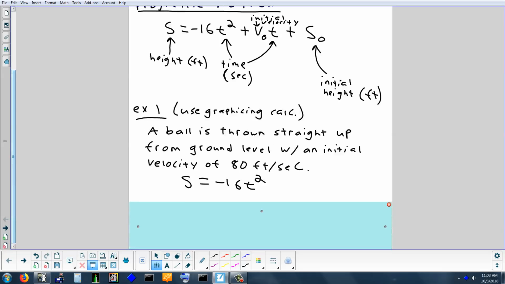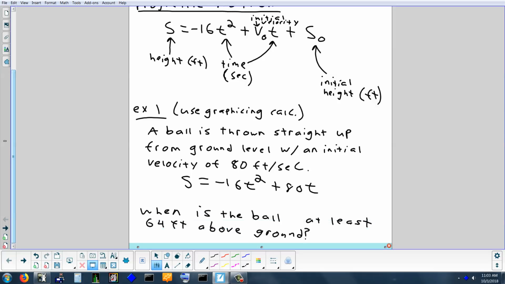Isabel, what's my initial velocity here? 80 feet per second. Yeah, exactly. So you're going to plug in 80 feet per second for v sub 0 plus my initial height. Isaac, what's my initial height? 0, right? It says ground level.